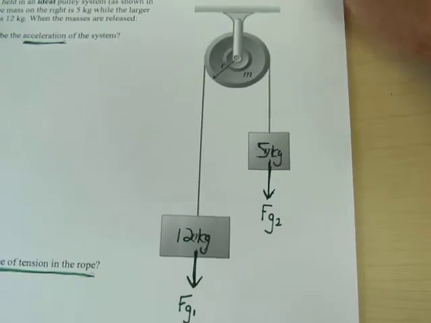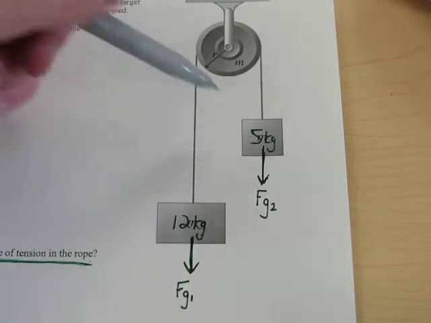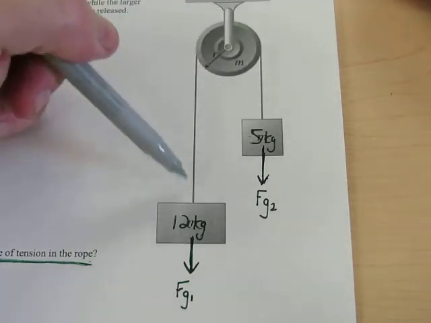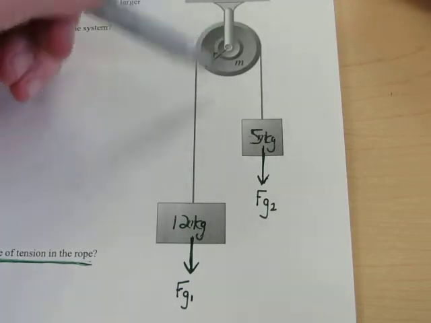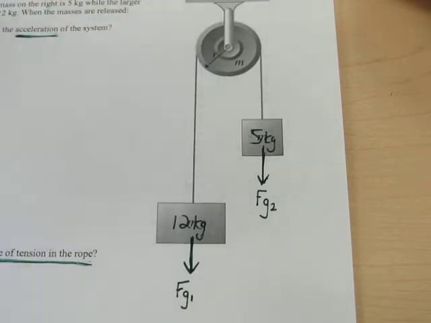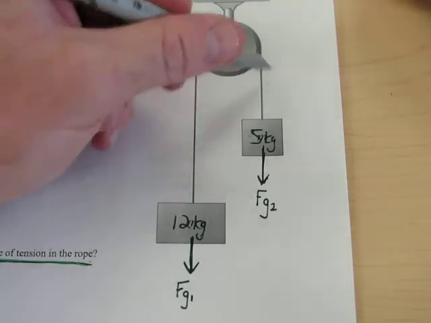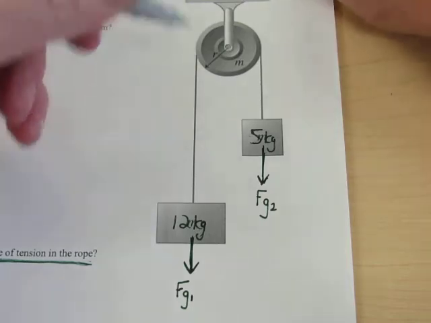And then with pulleys, you have to remember that there's one more force that you have to add in. The rope itself has an internal force, a tightness. When the rope is pulled taut, because the system is allowed to move, the rope itself will have a little bit of a tightness in it.